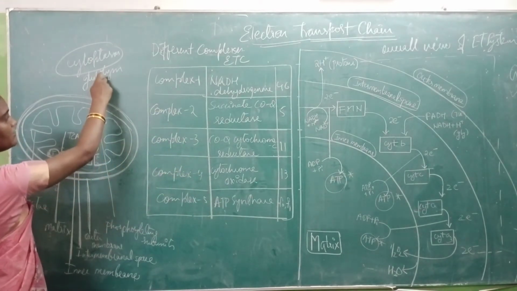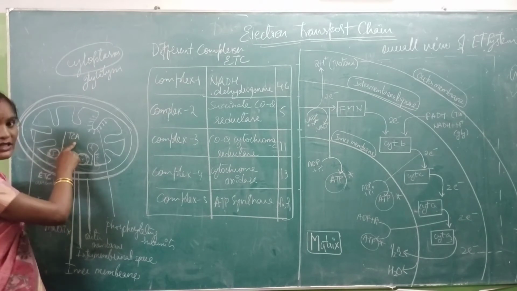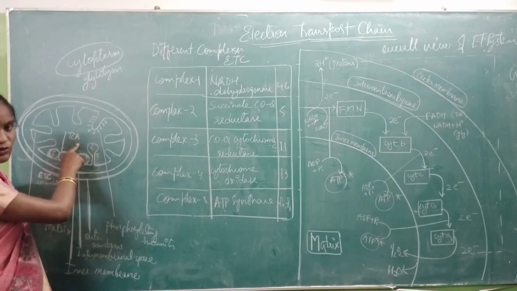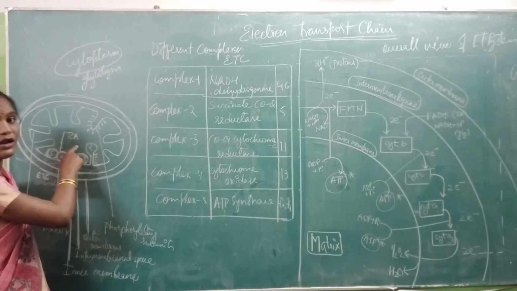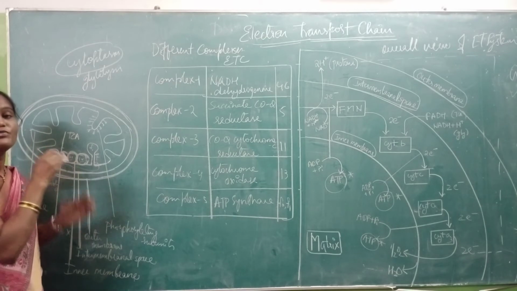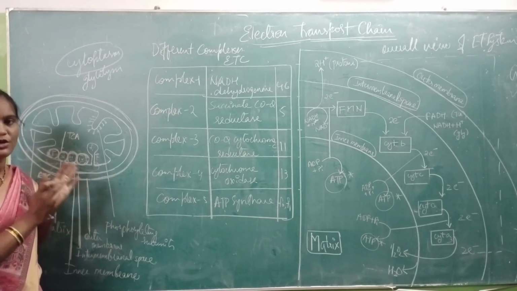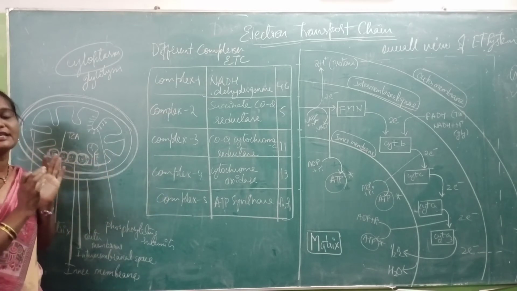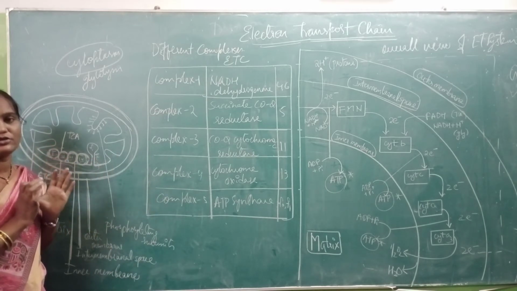After this, pyruvic acid will enter the TCA, that is the Krebs cycle, and form acetyl CoA. This acetyl CoA will enter the Krebs cycle to form 4 NADH and H plus ions, isn't it? So totally 6 NADH and H plus ions are released.